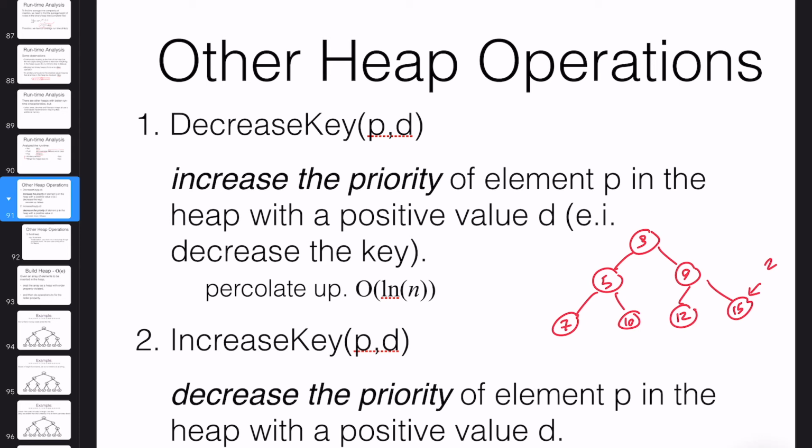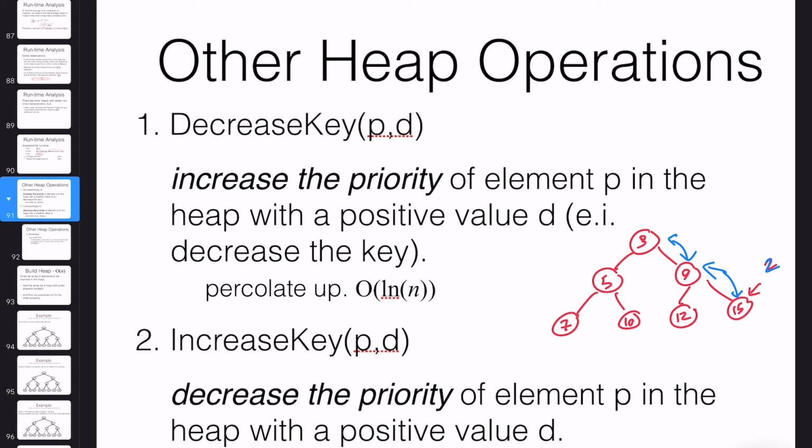If the score is going down, so the value is 2, you have to in fact percolate your value up. So let's just use a different color. If the key here has changed to 2, you have to keep percolating it up, right, until it ends up in the correct position.